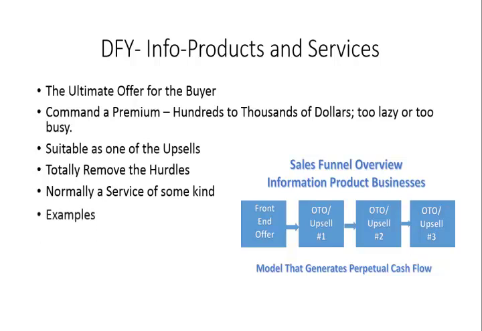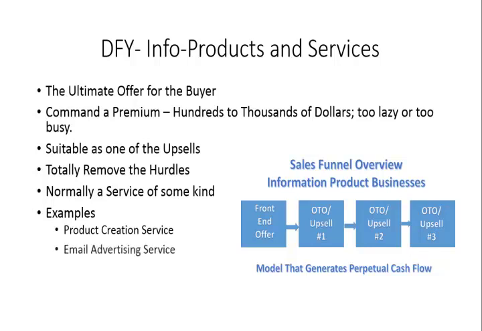Now, what are some examples of how you might do this? Well, you might consider a custom product creation service inside of internet marketing. So once you have shown an individual how to create a product, they may not want to do it themselves. They may not want to go and put together all that it takes in order to create a product. Well, you do it for them, or you put together a team that actually does it for them.